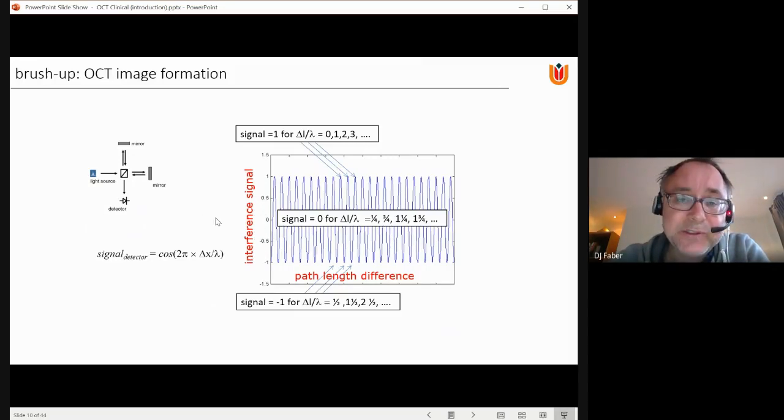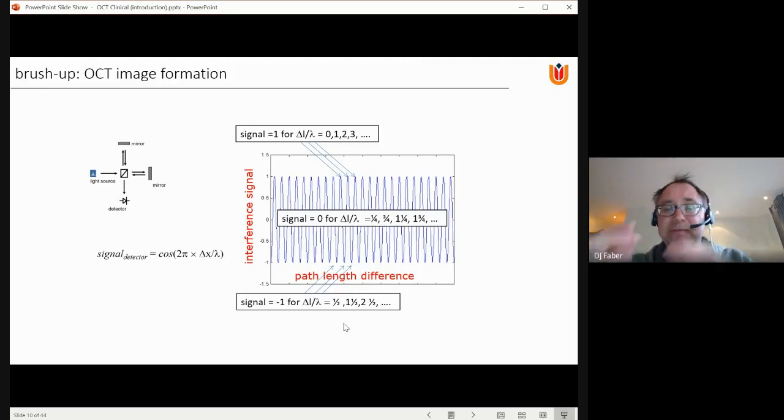We have constructive interference if the path length difference is exactly a multiple of the wavelength, so 1, 2, 3 times the wavelength, that is the peaks over here. We would have completely destructive interference when the path length difference is half times a wavelength, so the waves are completely out of phase: half, 1.5 or 2.5 times the wavelength.